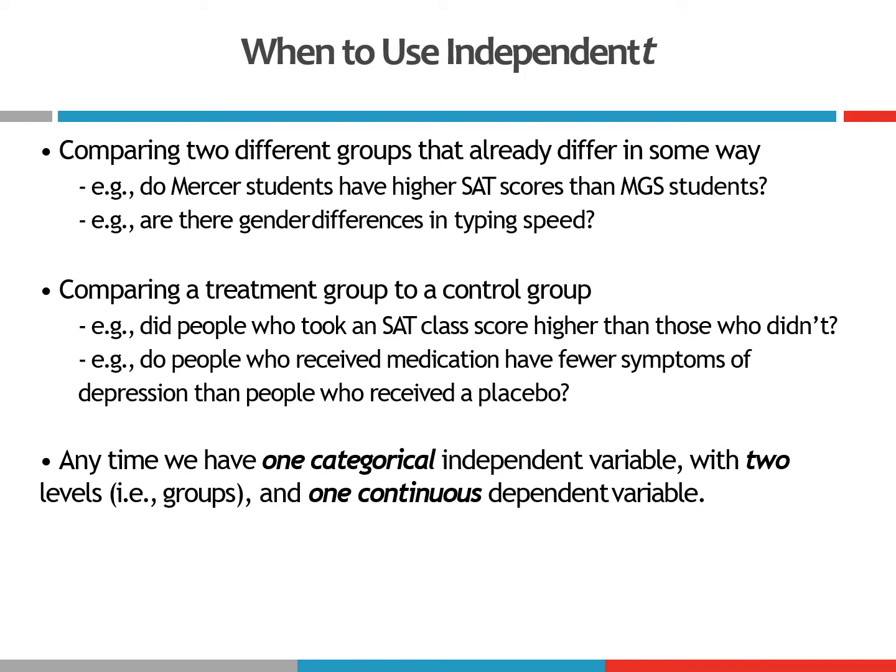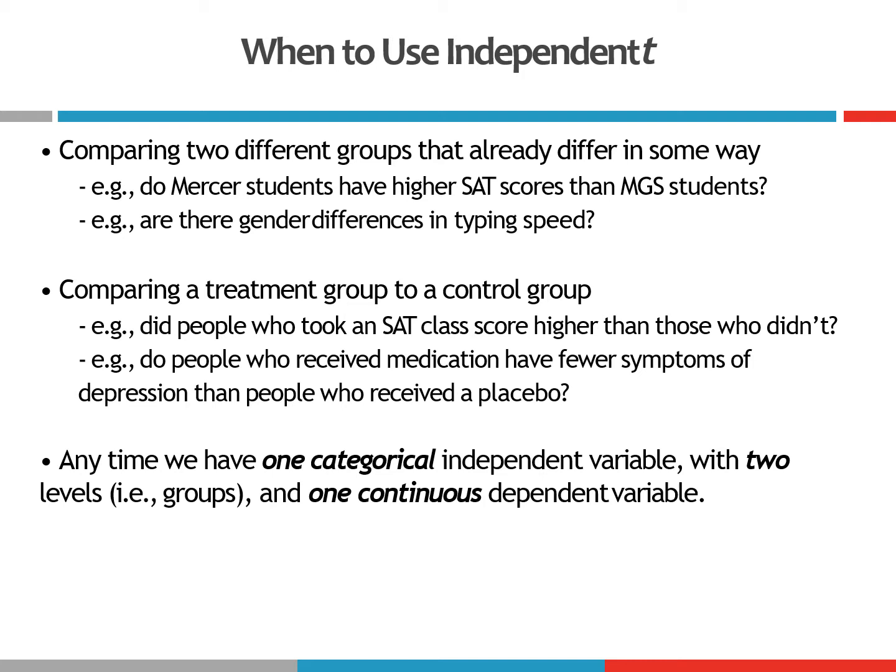So what are some situations in which we might use an independent t-test? Situations where we'd want to compare two different groups that might already differ in some way. This would be a situation where we are conducting a quasi-experimental study, and our outcome variable is continuous.